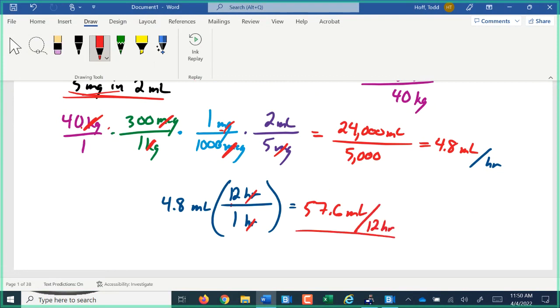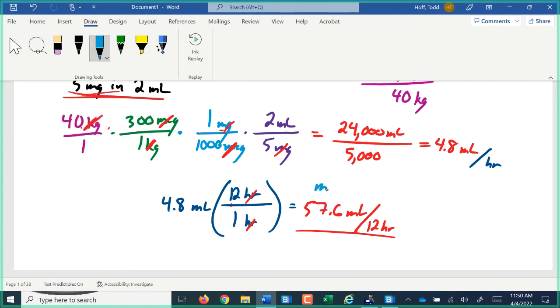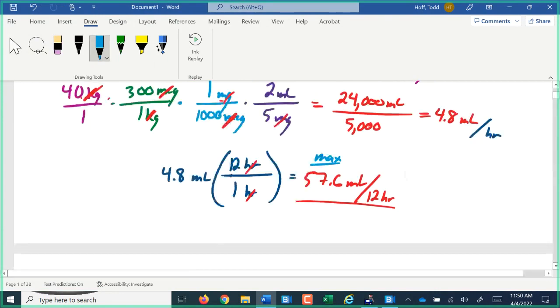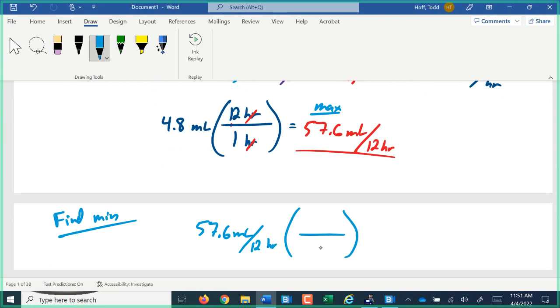That's our max dose. To get our minimum, the doctor's order definitely has not gone over the max. To get our minimum, we take the 57.6 milliliters every 12 hours. That was calculated on 300 micrograms per kilogram.